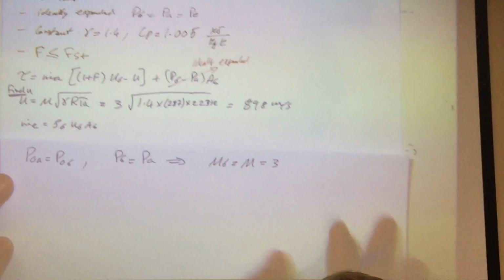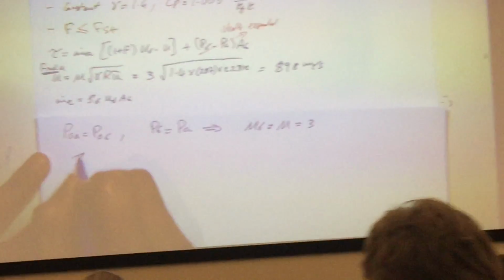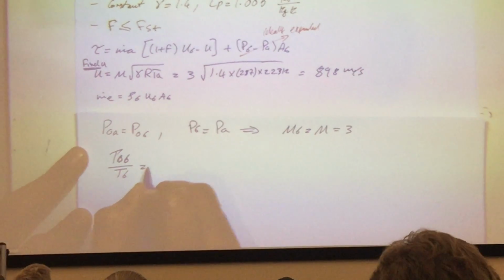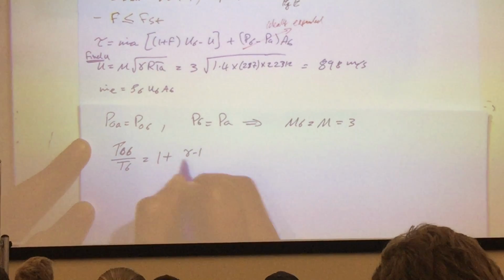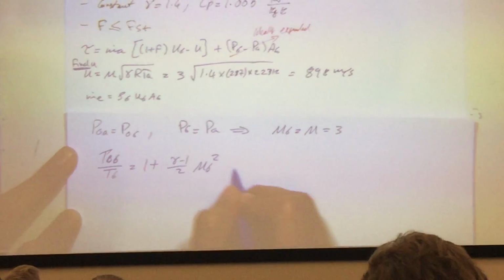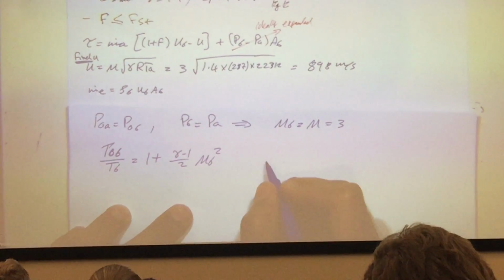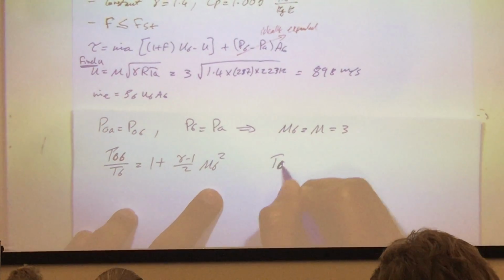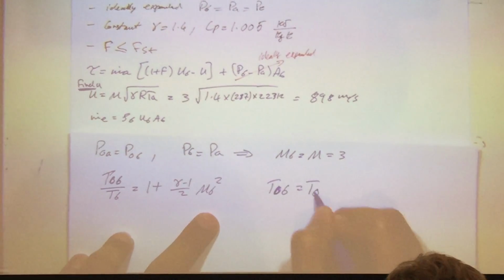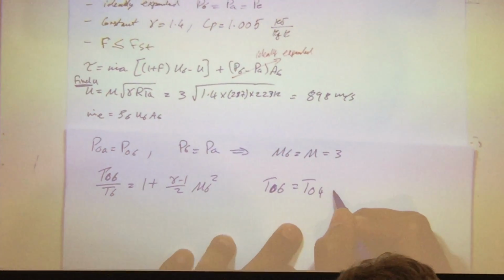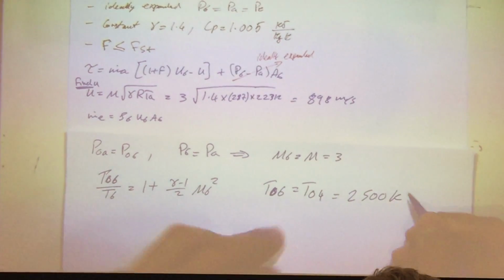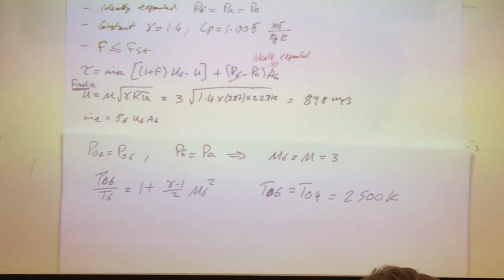I'm just cruising. Therefore, T stagnation 6 over T6 is equal to 1 plus gamma minus 1 over 2, M6 squared. And I already know my T stagnation 6 is equal to my T stagnation 4. So based on this, it's equal to 2,100 Kelvin because it's Tmax and it's isentropic.